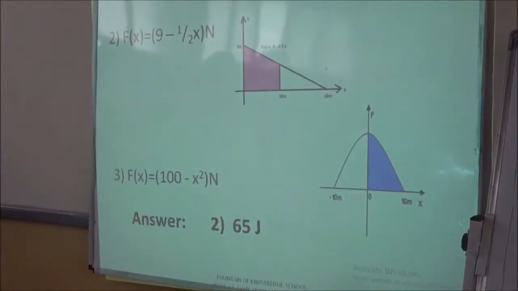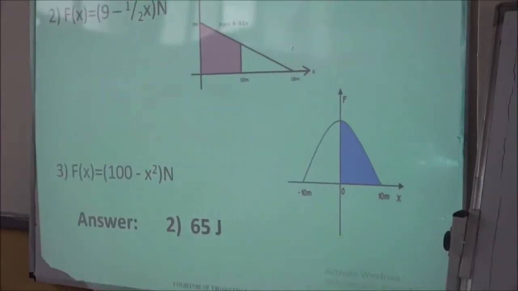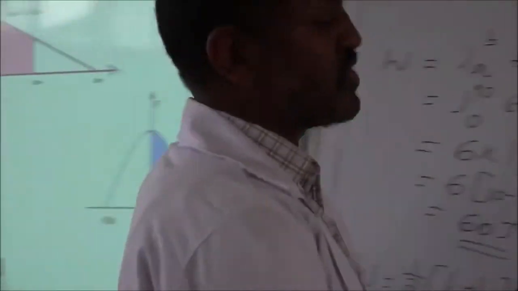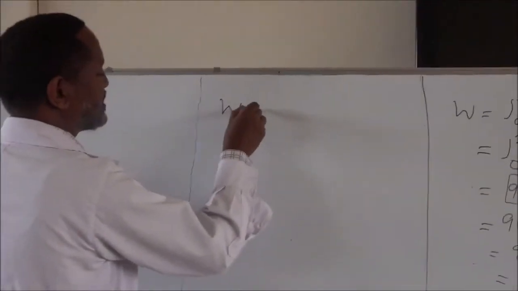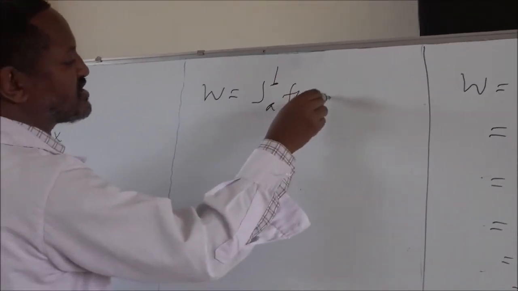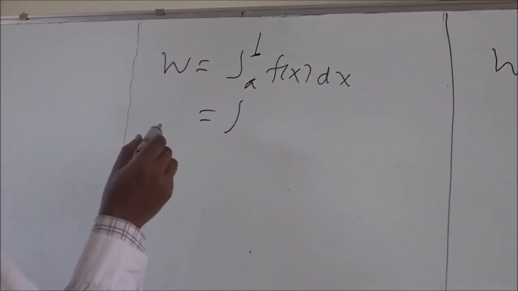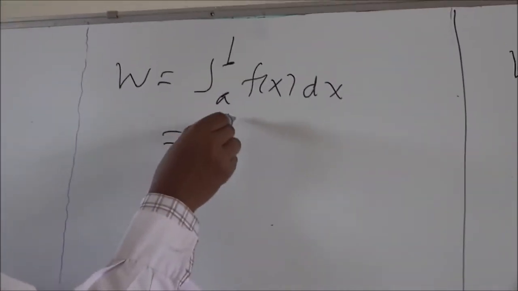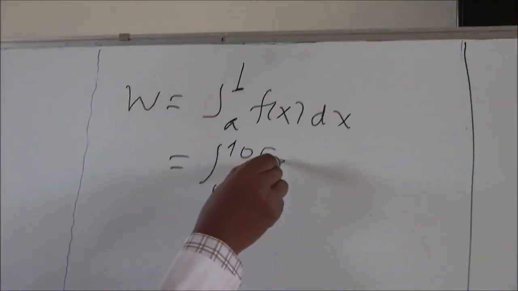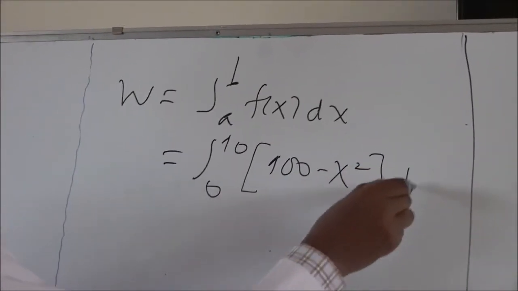Now, when F is 100 minus x squared, I think this is not a simple region, therefore we have to go through the integral approach. So work done is the integral from a to b of f(x) dx, from a to b, in our case, from 0 to 10, of my function 100 minus x squared dx.